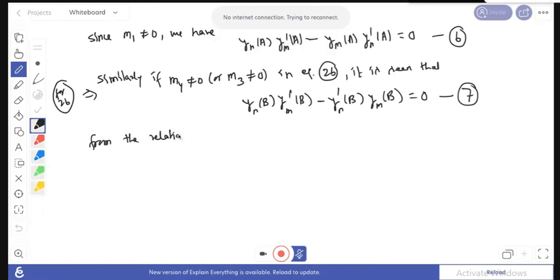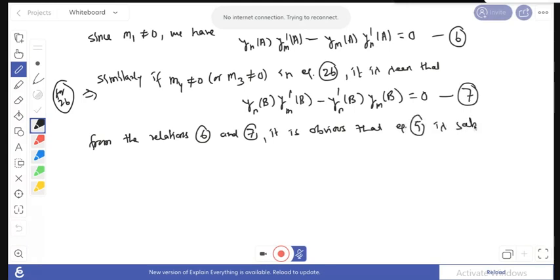So from the above two relations, relations 6 and 7, it is obvious that equation 5 is satisfied.